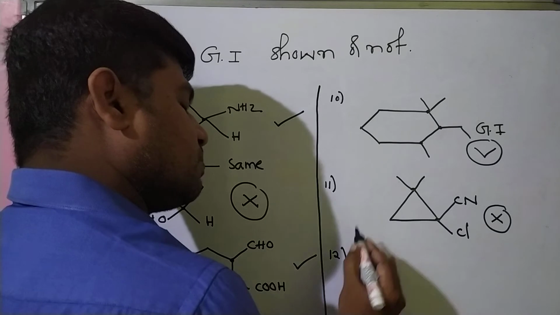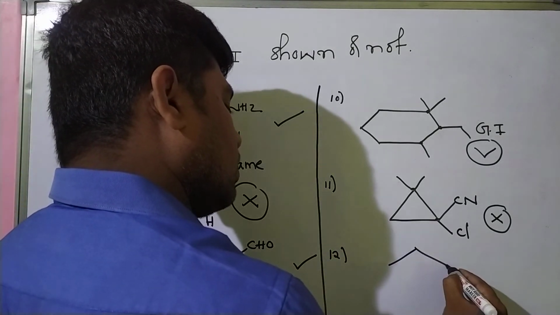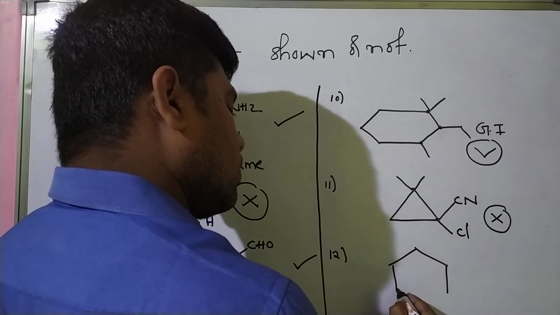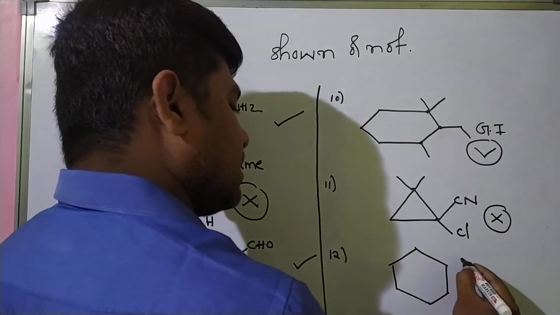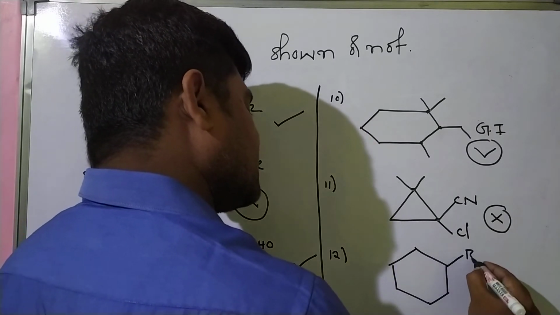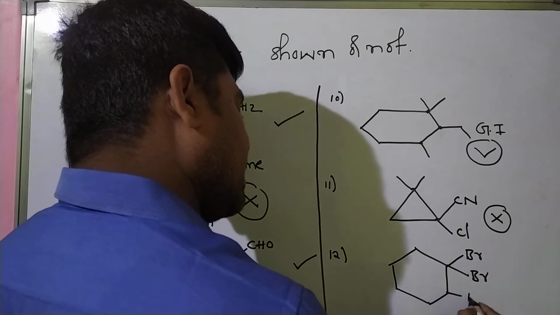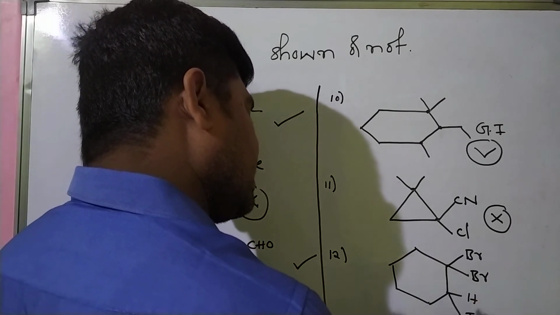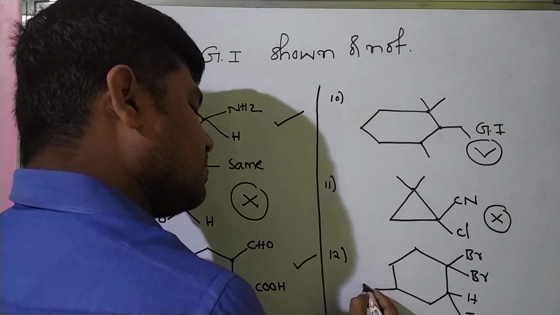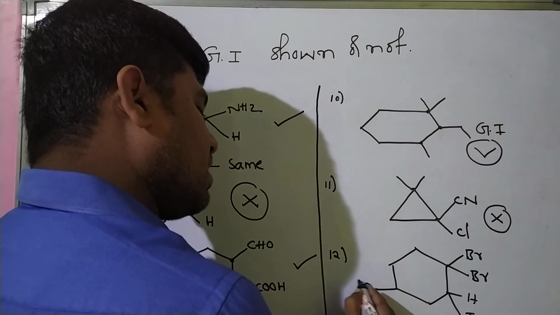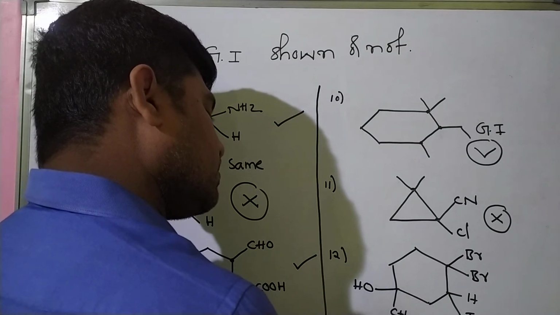And 12th example, and this is cyclohexane. Here some bromine atom is given, here also bromine atom, here hydrogen, here tritium, here some hydroxy group, and this is some methyl group.